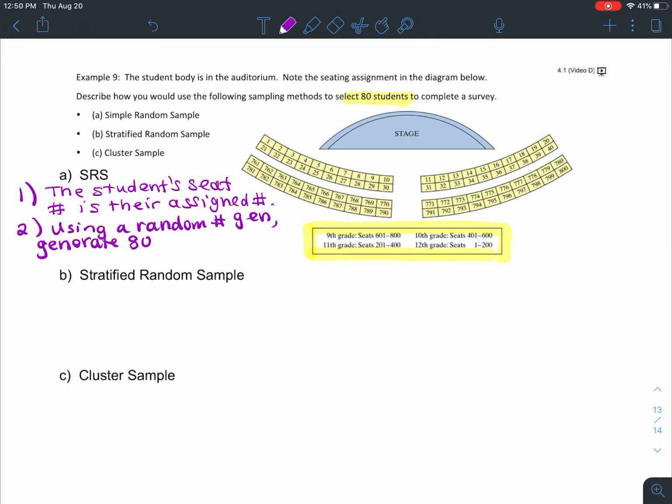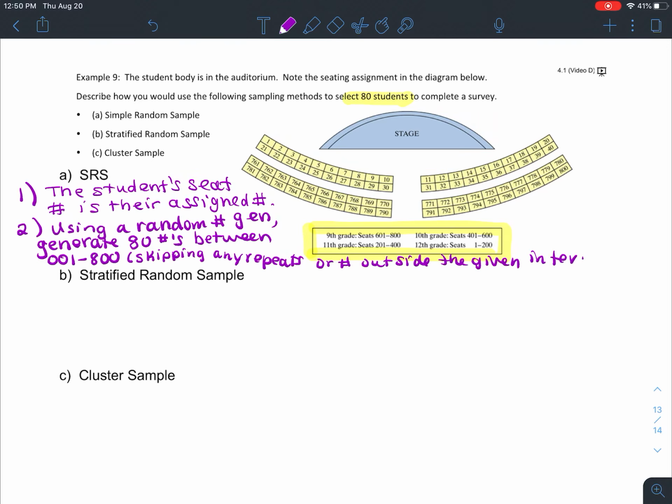So we want to say generate 80 numbers between 001 and 800, and then I'm going to be very clear, skipping any repeats or numbers outside the given interval.